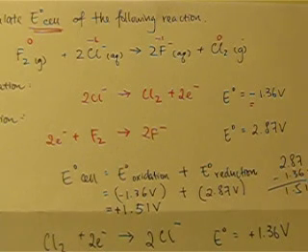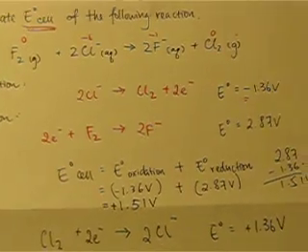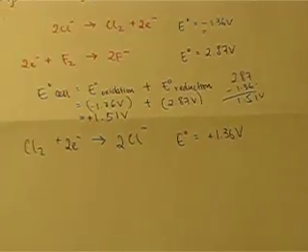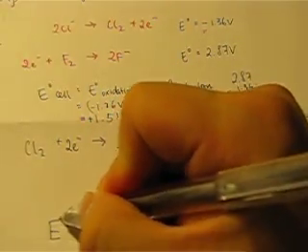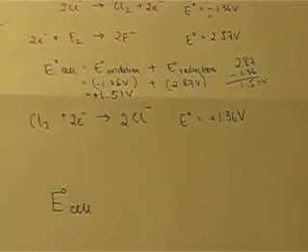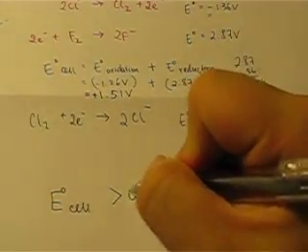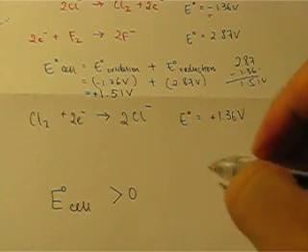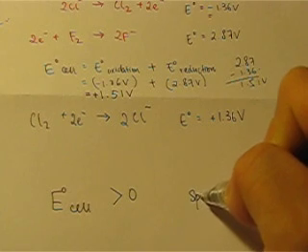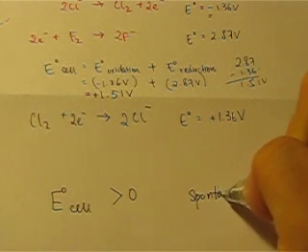Now you will ask, what does this value represent? Okay, so this is what it represents. Let me write here. So if the E cell is positive, it means the reaction is going to produce electricity spontaneously.